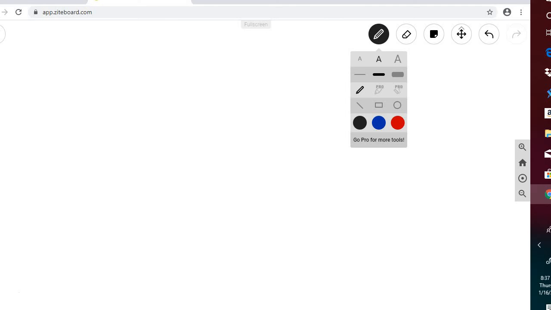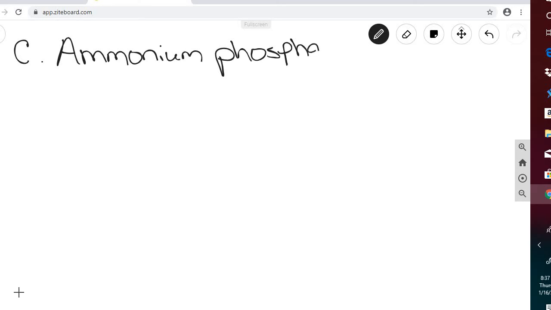Okay, then 17C is ammonium phosphate. First of all, you should recognize that neither one of those are elements, so you won't find them on the periodic chart, but you will find both of them on the chart of polyatomic ions.